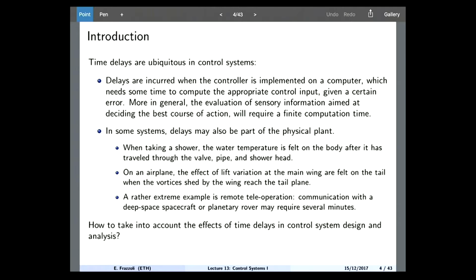On an airplane, for example, you change the setting of the ailerons and the elevators, and then something that may happen is that it changes your lift, which may hit your tail, so there is a time delay there. Again, due to a transport phenomenon, right? And this is something that may have an effect on the stability of the airplane.